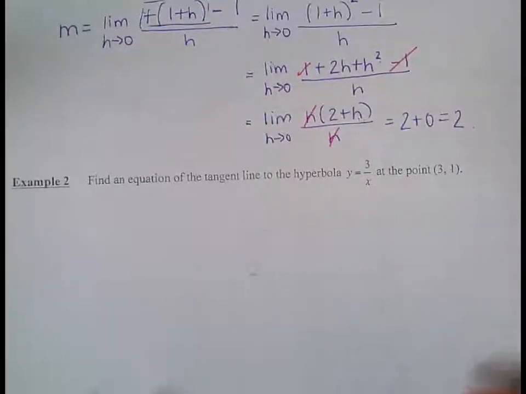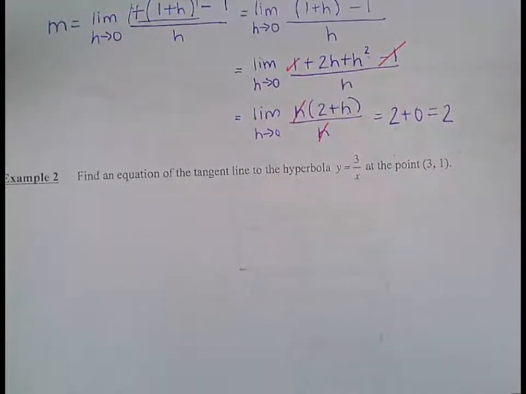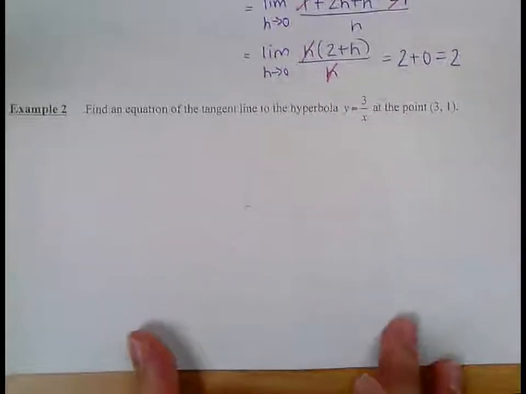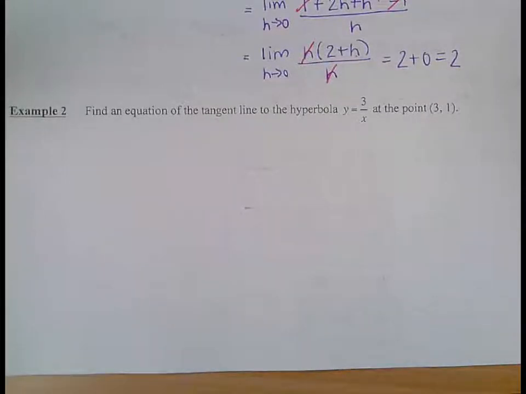So if we look at example 2, this one I'd like to go through together just because of how the limit is going to turn out. So it says, find the equation of the tangent line to the hyperbola y equals 3 over x at the point 3, 1.